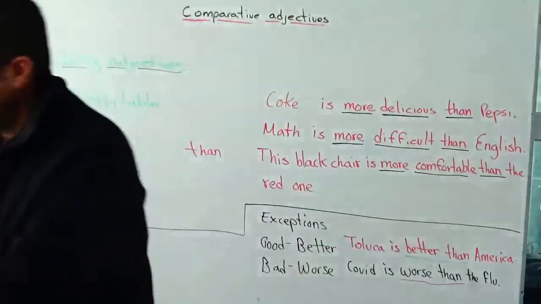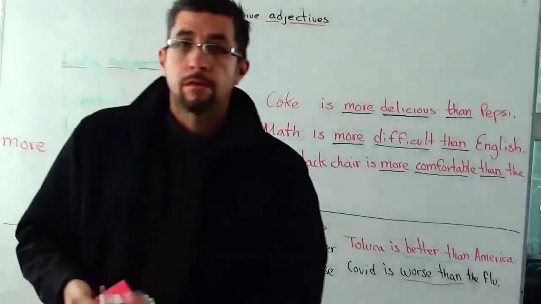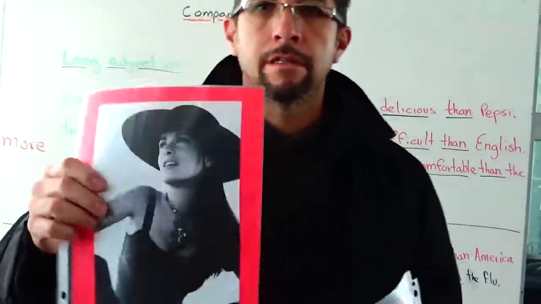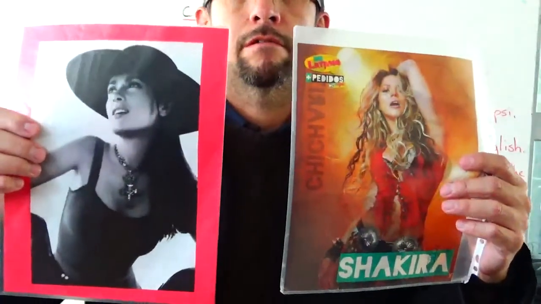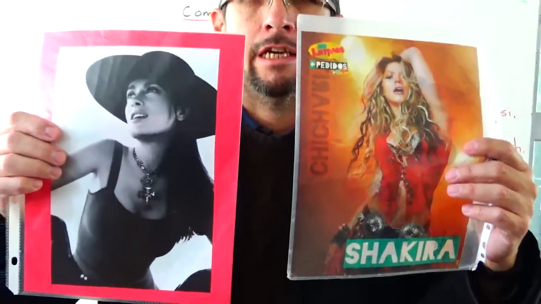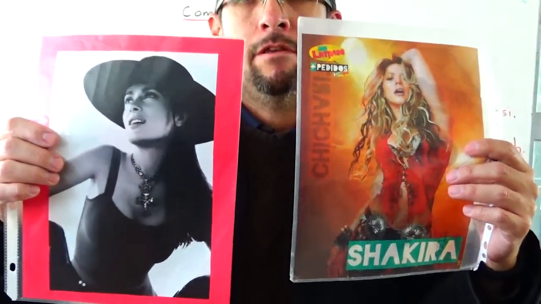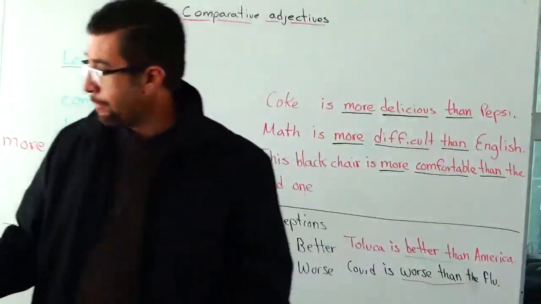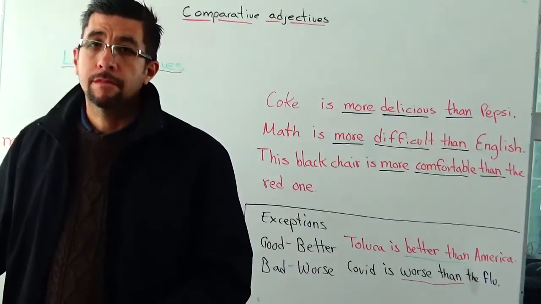Another example, we have Salma Hayek and Shakira. So Salma is more beautiful than Shakira. Or maybe the other way around, Shakira is more beautiful than Salma. Okay? Other examples.